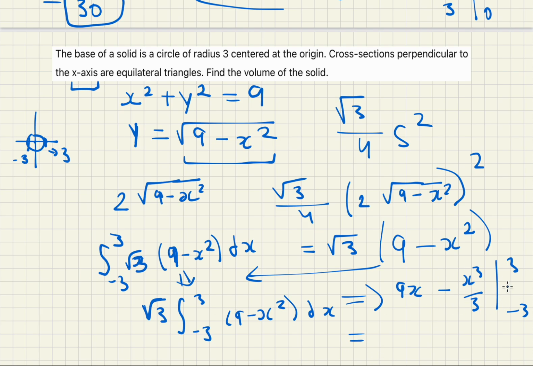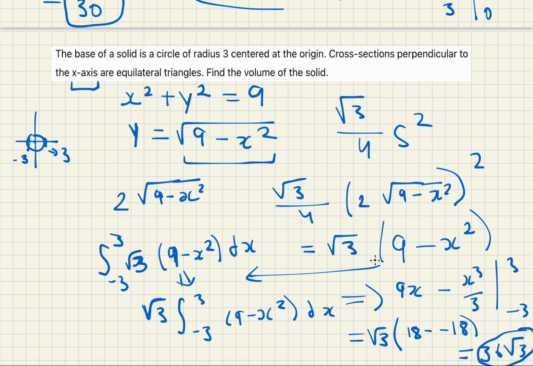And so when you evaluate this, we get the square root of 3 times 18 minus negative 18, which is 36. So square root of 3 times 36, in other words, 36 square root 3.